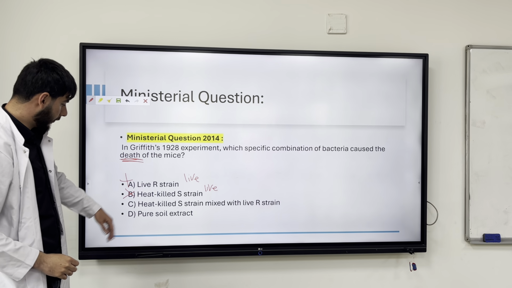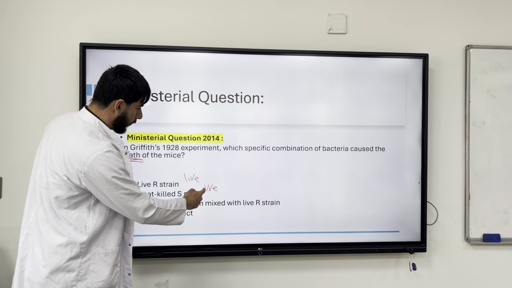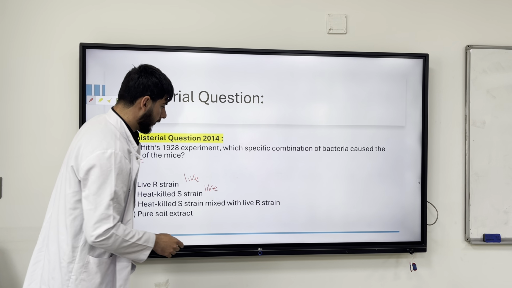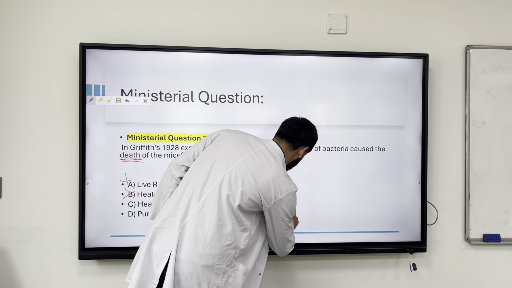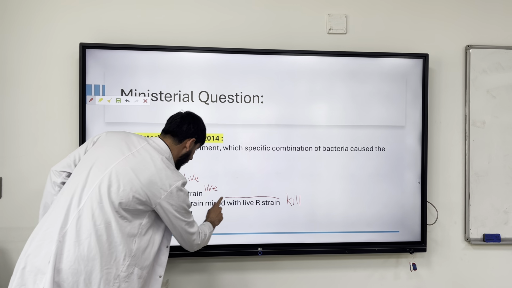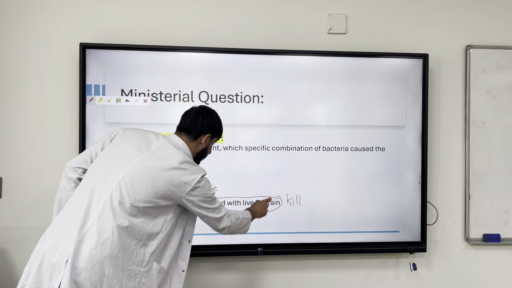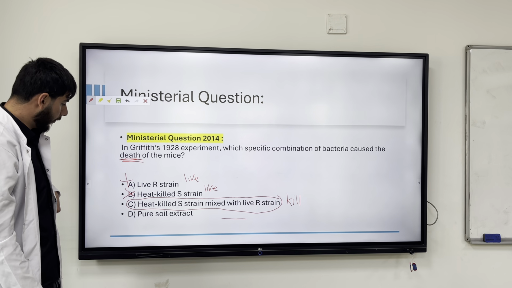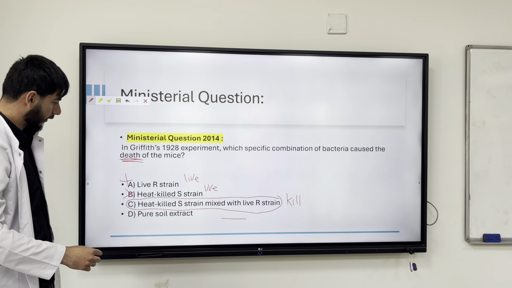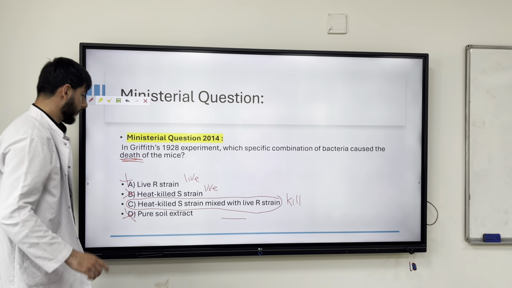In the third choice, heat-killed S strain mixed with the living strain killed the mouse. That's the reason the correct answer here is C. In D, the soil extract didn't relate to our topic because we remove it.